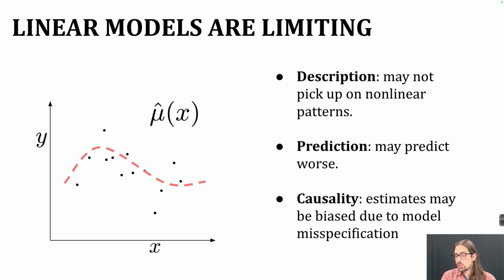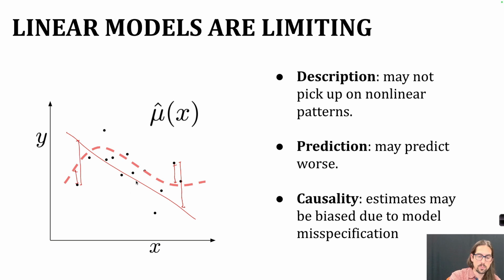Now, what about for prediction? Well, for prediction, let's say that we fit a linear regression here. Let's say the linear regression fit we get is that. We can see, for example, for this guy here, if I had instead fit this regression model, somehow fitting a curve, the error would be a lot lower with that regression model than with this linear regression model for really the majority of these points.